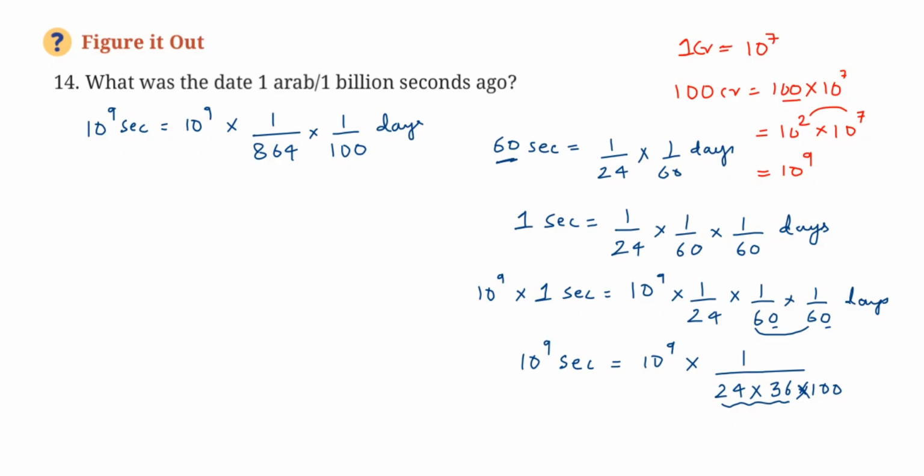So this is equal to, now what I'll do, I will split this part. Now this is 10 to the power 9, right? And here I have 100. How can I write it as 100 square? Is it possible to write it as 100 square? Yes. So what I will do here, I will split this.